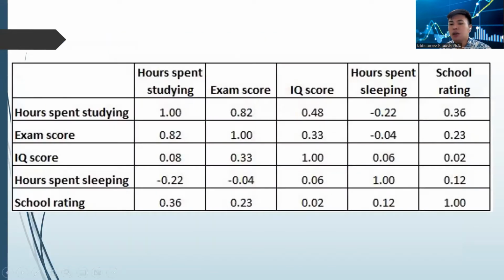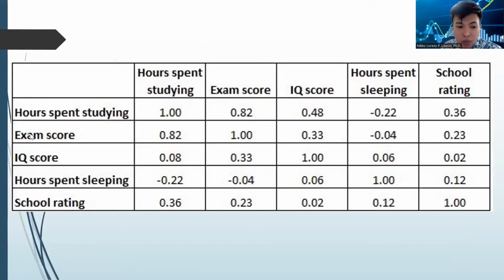Okay, what about this table? You can see here the cross section between the following variables, such as high school hours spent studying. When you combine a variable with itself, you get one, because you compare them on their own data set.